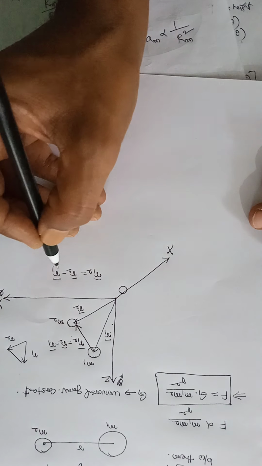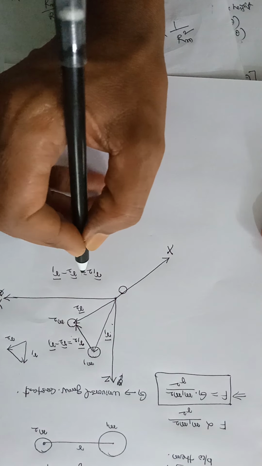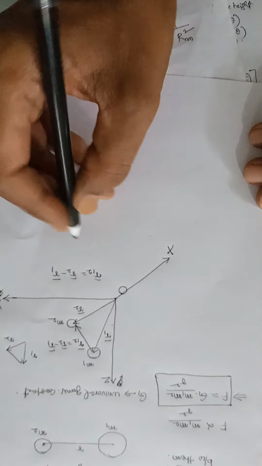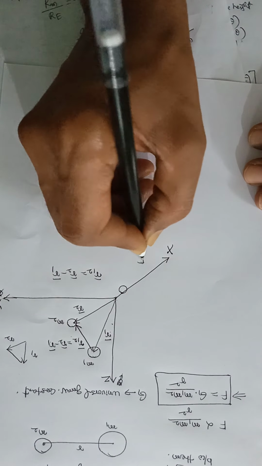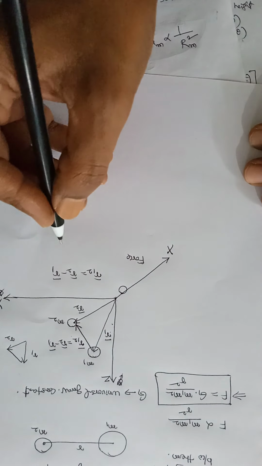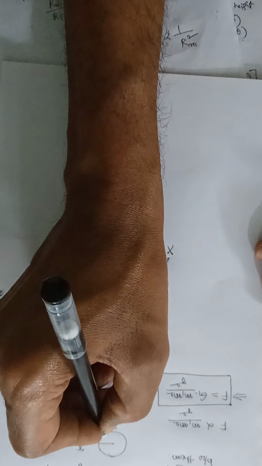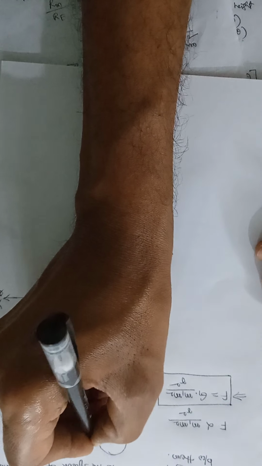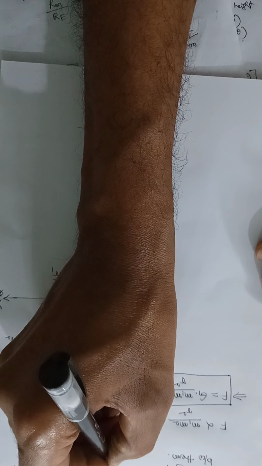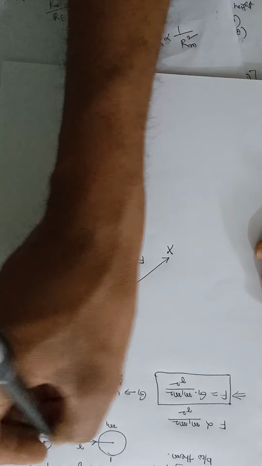Now the force: here, m1 is attracting m2 in this direction. Say this is body 1, this is body 2.